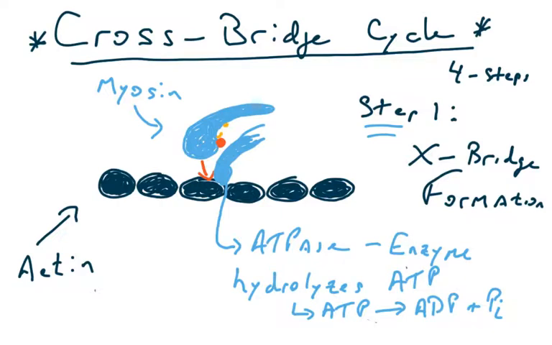And so we have three different phosphate groups at this point. And they stay like this, hydrolyzed, but still within the myosin head during the cross-bridge formation.